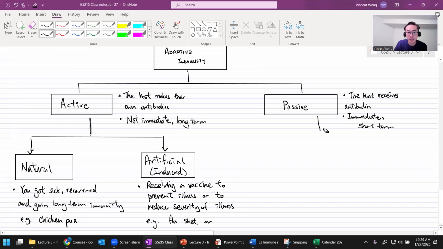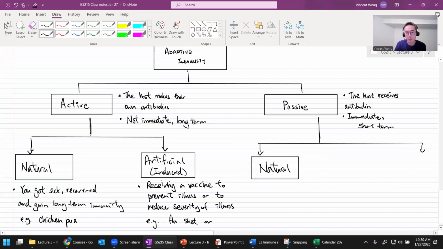Passive is you don't make the antibodies; someone else or something else makes them, and then they inject them into you. So let's take a look at natural passive first, and then we'll do artificial passive.